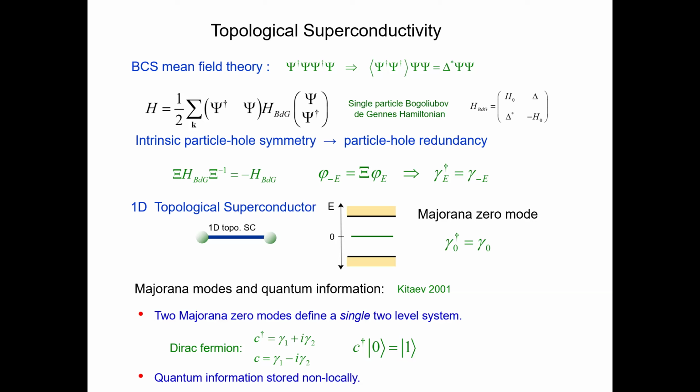But the operator that adds an electron into that state is exactly the same operator as the one that removes a particle from the negative energy state. So those two states at energy plus E and minus E are really just redundant copies of the same state. That is the price that you pay for this single particle picture of a superconductor.